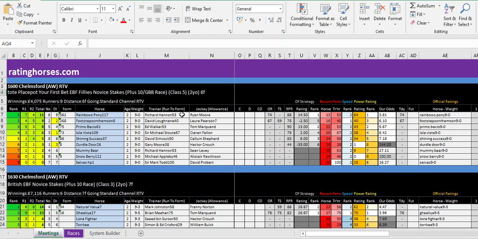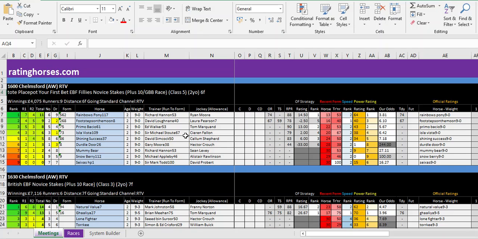And the Racing Post are saying that Richard Hannon's runners in the last 14 days, 53% of the time have run to form or run better than expected.